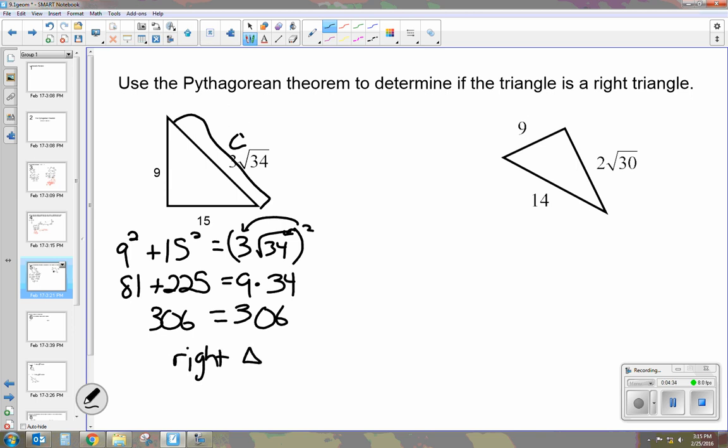On the second problem, once again, we can figure out which side is the longest side. 2 times the square root of 30 is roughly 10, so we know that 14 is our longest side.